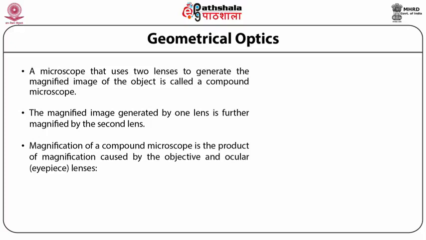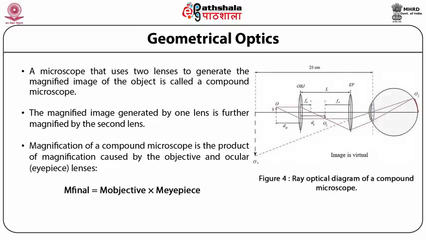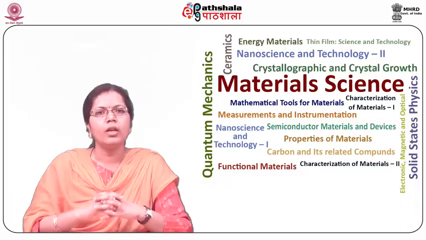Magnification of a compound microscope is the product of magnification caused by the objective and ocular, that is the eyepiece lenses. Final magnification is equal to the magnification of the objective multiplied by the magnification of the eyepiece. Figure 4 shows the ray optical diagram of a compound microscope.